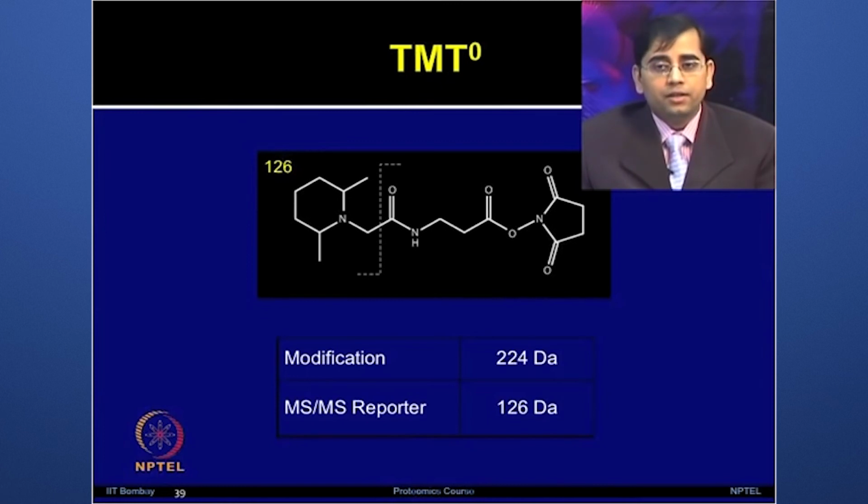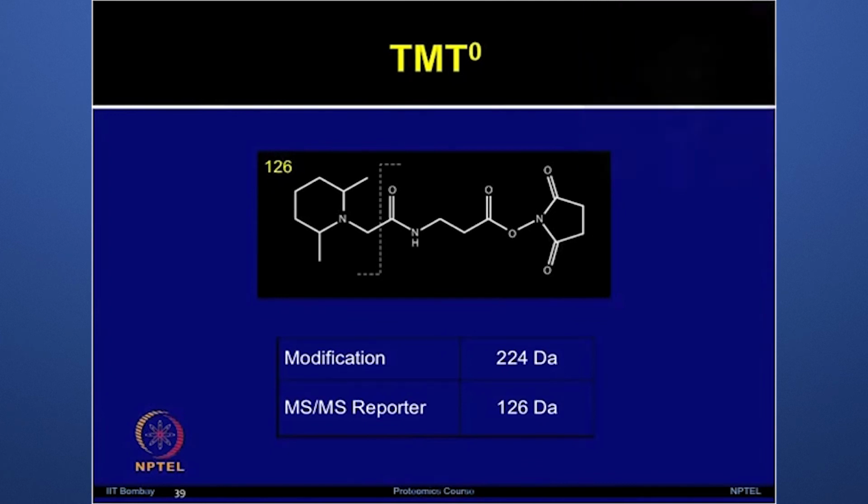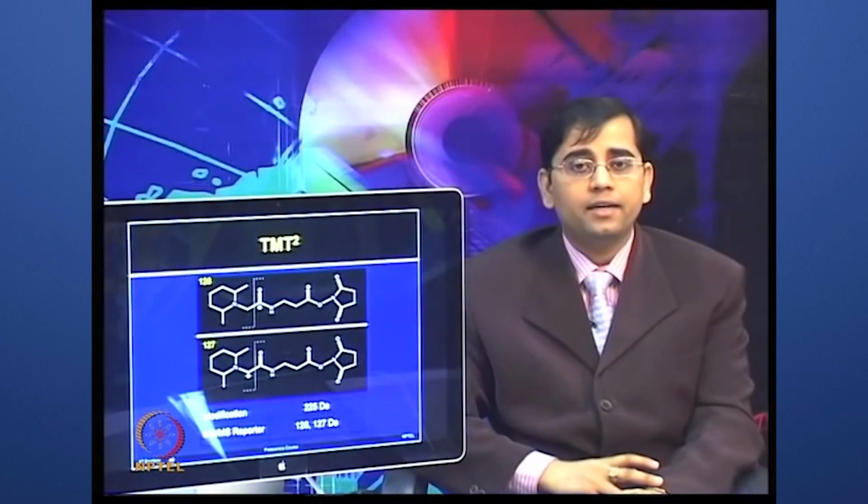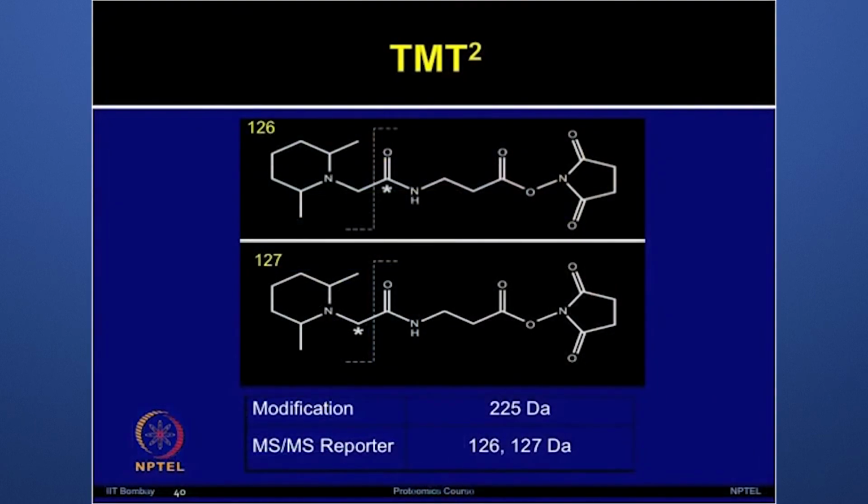The modification is 224 Daltons and the MSMS reporter ion is 126 Daltons. Now, let us look at TMT duplex. The TMT duplex reagent allows for the comparison of 2 samples, 126 and 127. These are 2 different MSMS reporter ions available and the modification is 225 Daltons.